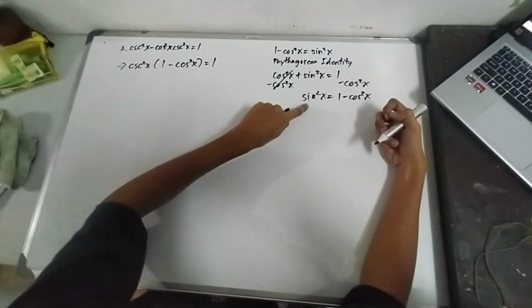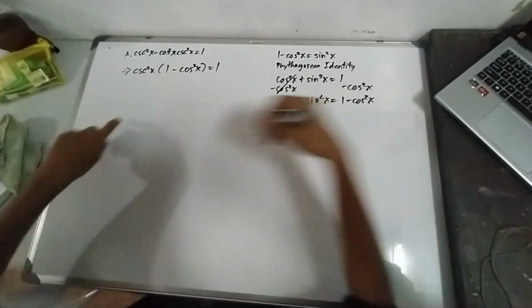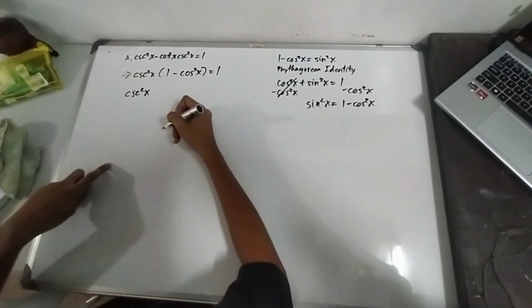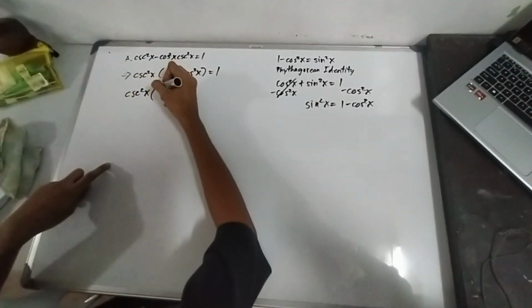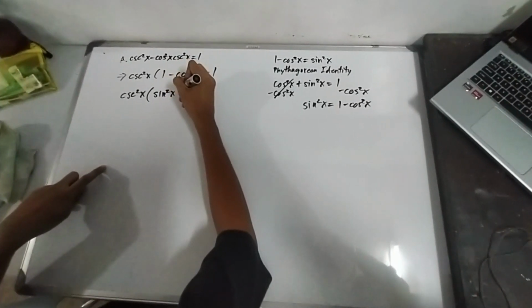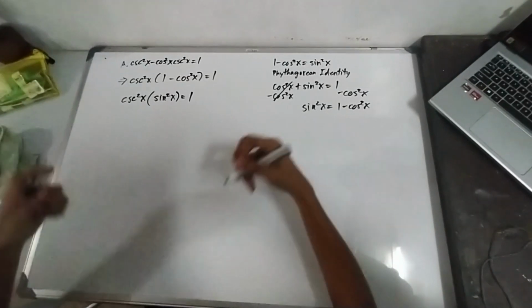So we're going to substitute this with this. So cosecant squared x times sine squared x is equal to 1. We're not finished yet.